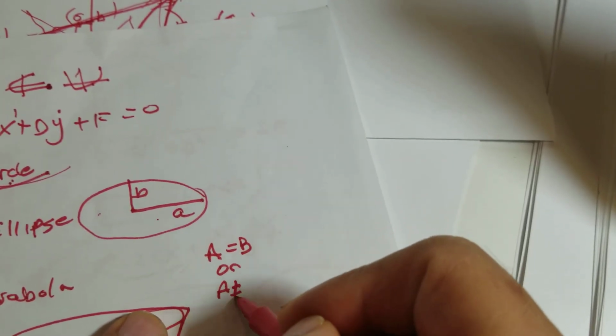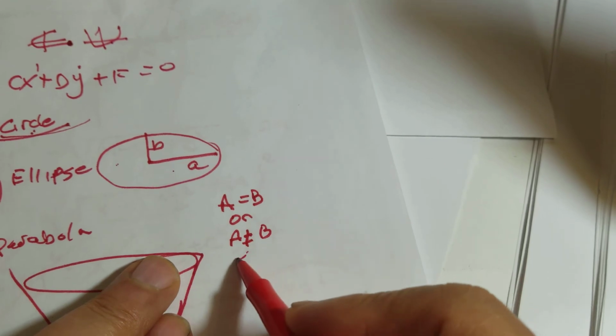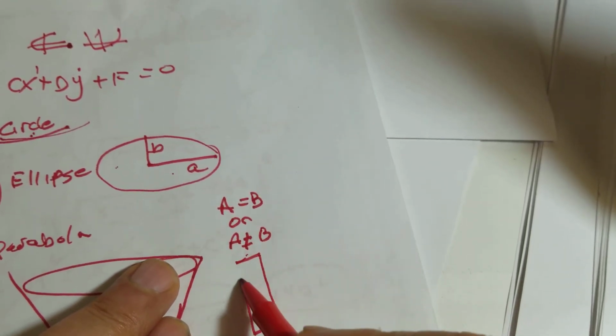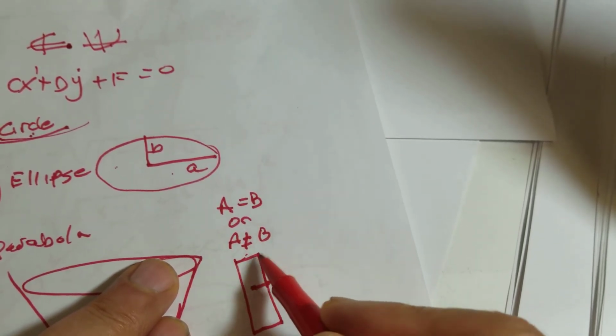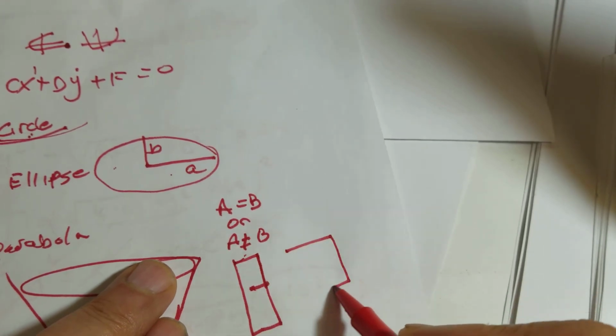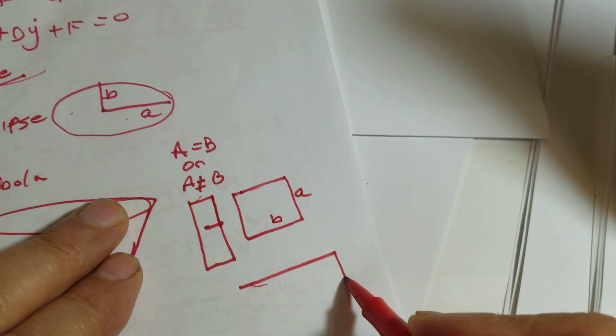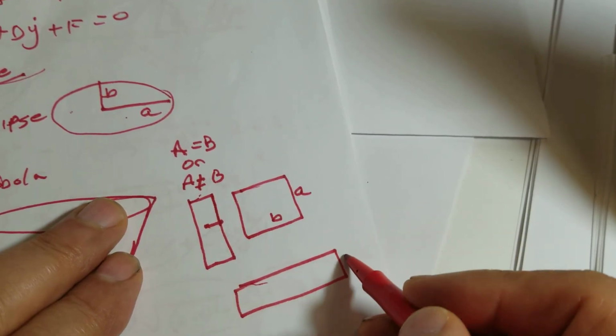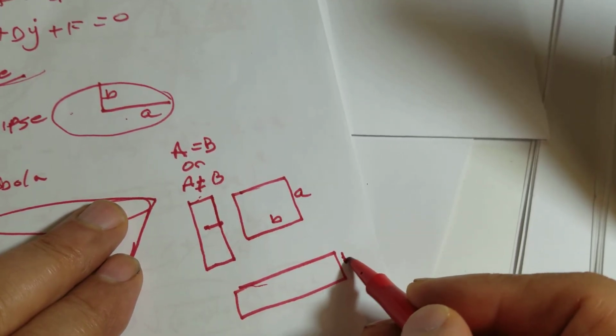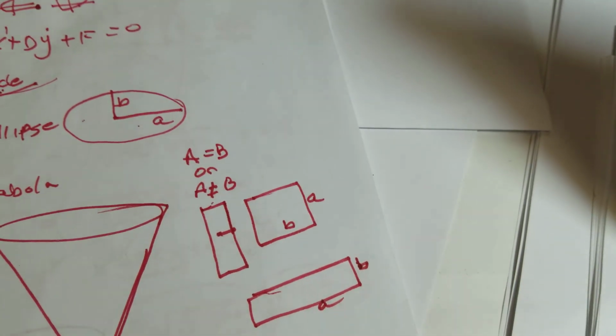But if A equal to B or A not equal to B, it doesn't matter, because on a hyperbola you can have your A very small and B large, or A and B could be the same, or B could become bigger. It depends how you put your rectangles. That's your choice.